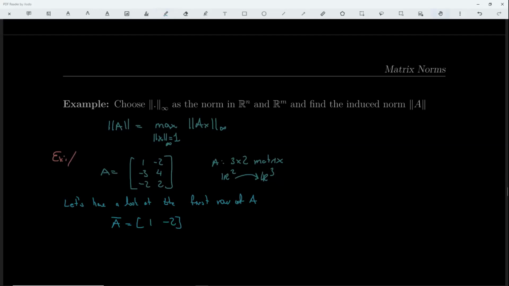Suppose I want you to maximize A bar times X, so A bar is 1, -2, and X is x1 and x2. I want to maximize that multiplication while keeping the infinity norm of X equal to 1.